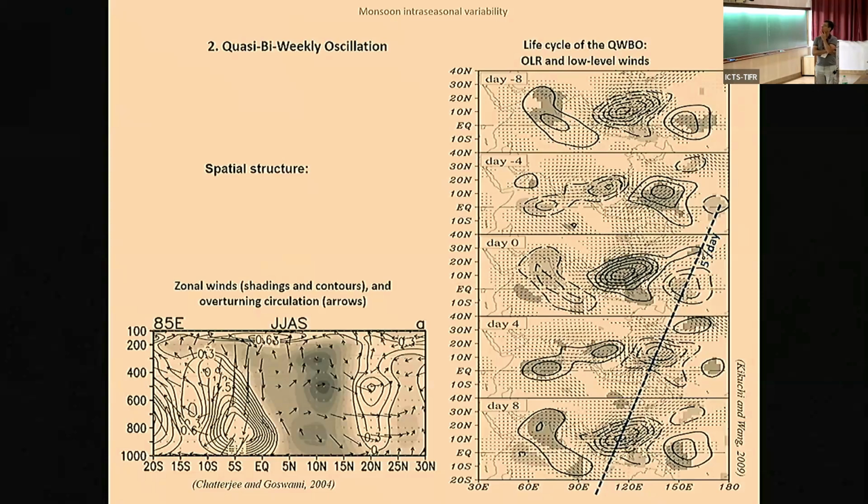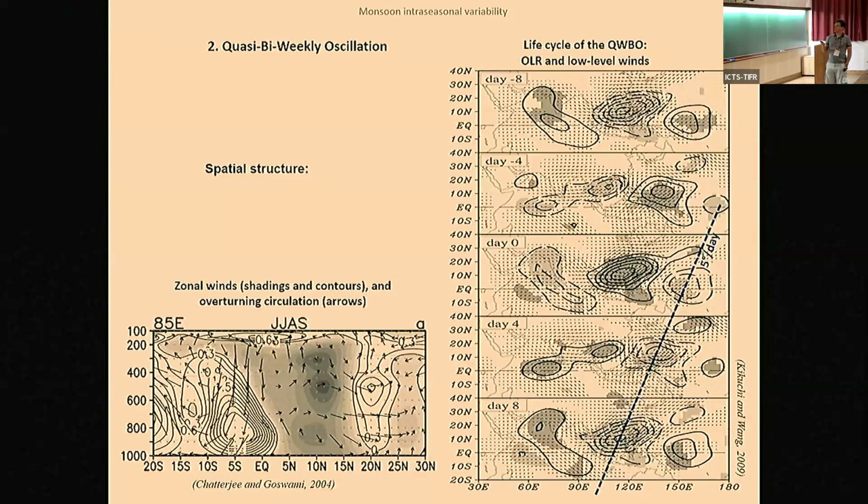The structure of this is shown here on the horizontal, and here just a snapshot on the vertical. Essentially you have a wave train that seems to be slightly distorted, and that's propagating westward. The speed of propagation is about 5 degrees per day. Essentially you have a fairly barotropic structure in the vertical, maybe slightly slanted.